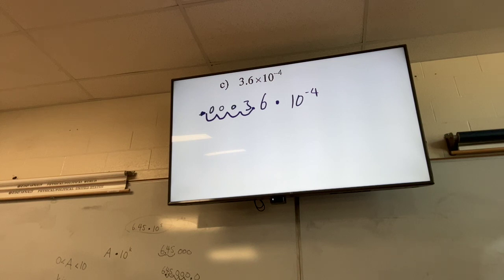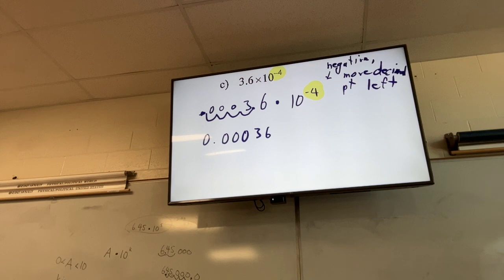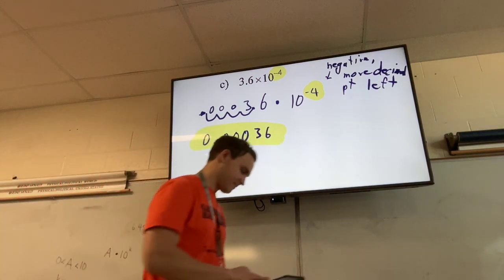So a negative exponent on the 10 means you move the decimal place to the left. Okay, so the answer is 0.00036. There you go.